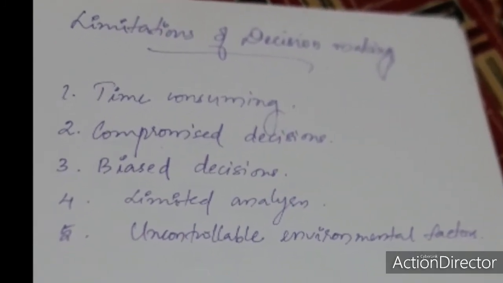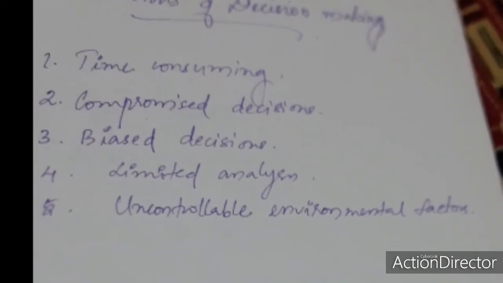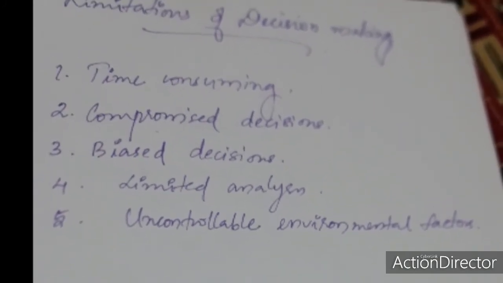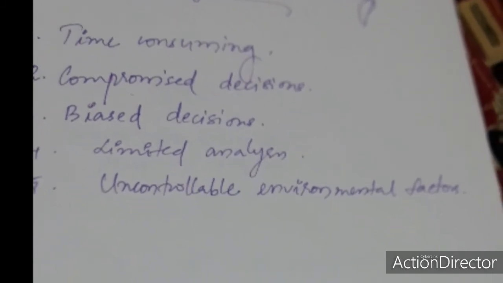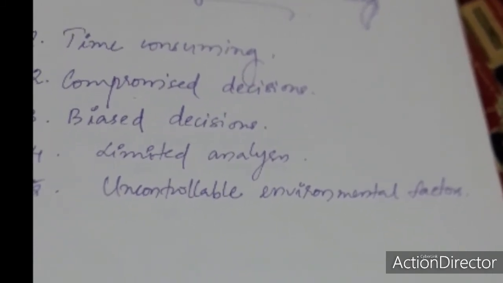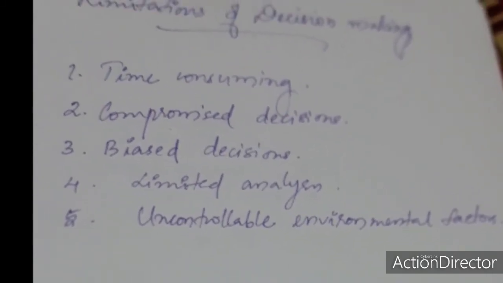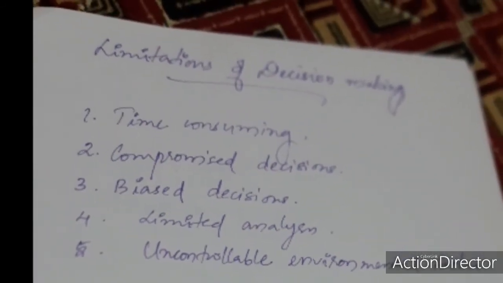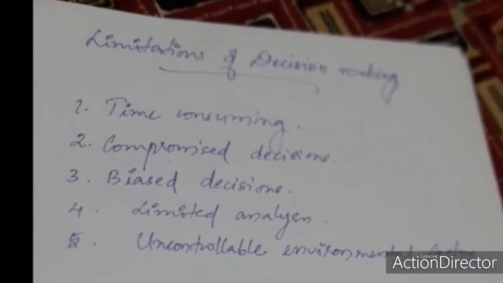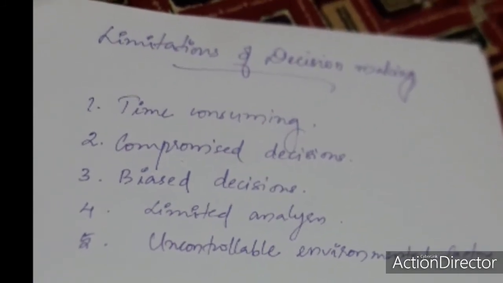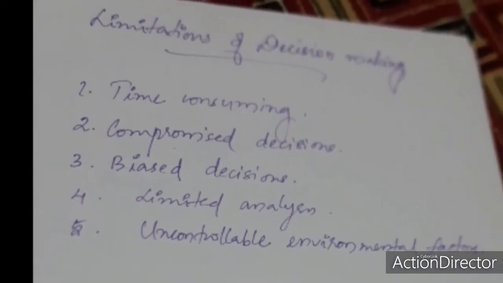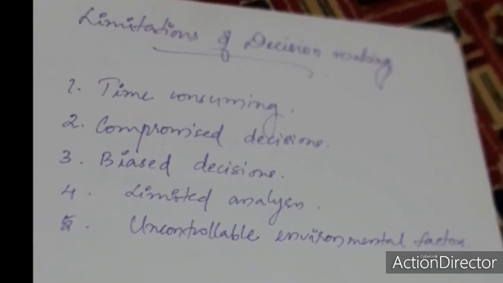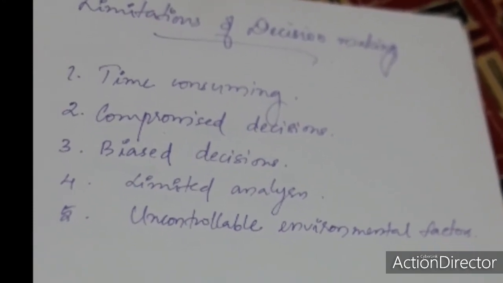These factors are dynamic in nature. That is, they can change at any time according to the situation. So a manager has no control over these environmental factors. When these environmental factors change, that can also lead to bad decision making, or the decision that he might have taken may go wrong. So this is another limitation for decision making.